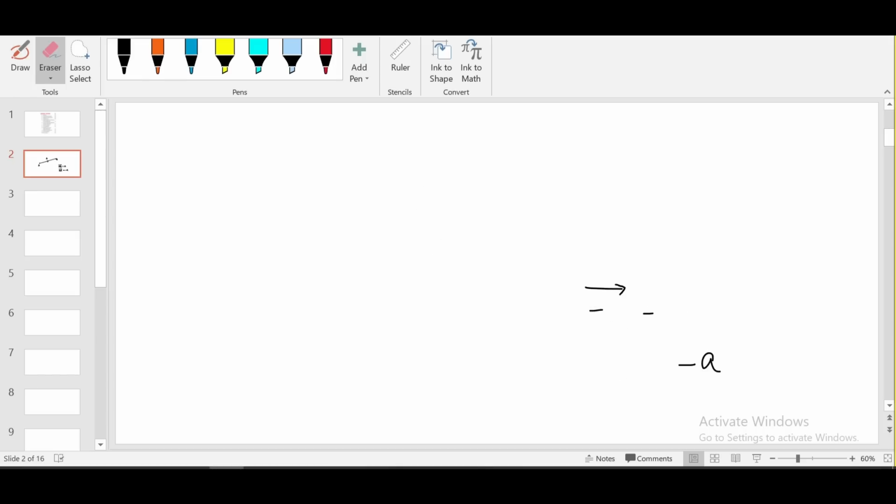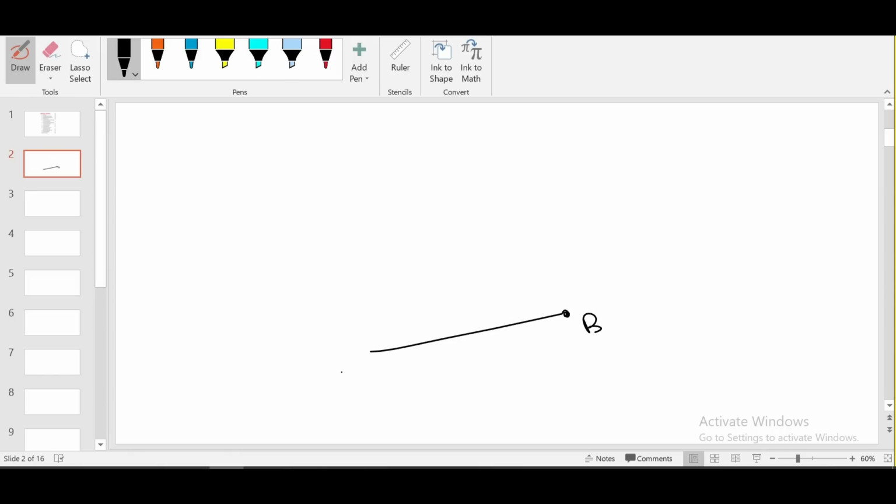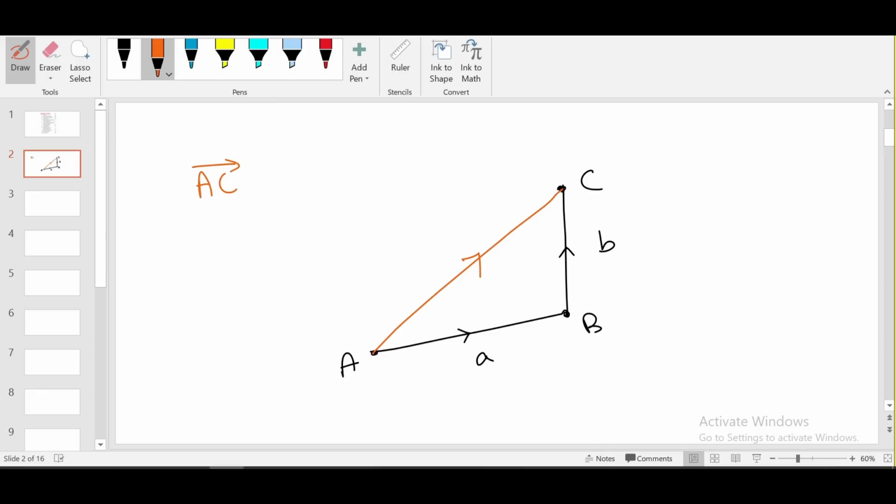The next one, let's take two vectors. Now listen to me carefully. Let's say you have vector AB, I'm going to take it as a, and vector BC, I'm going to take it as b. How do you find vector AC? Would it just be a plus b? Yes, a plus b.